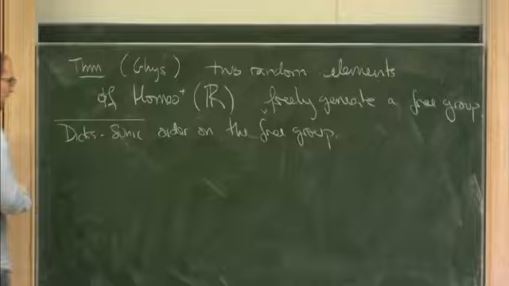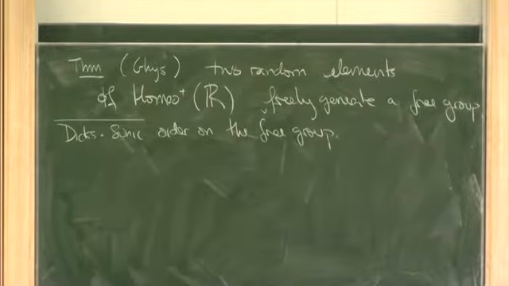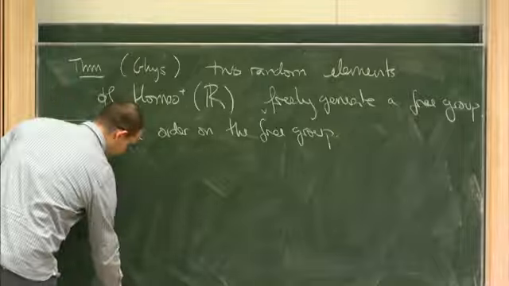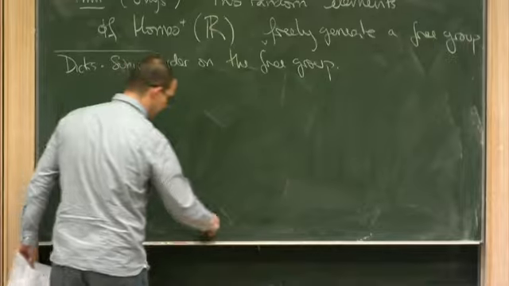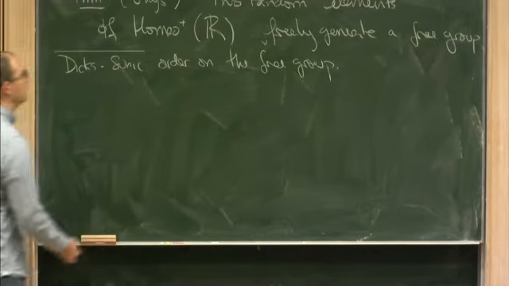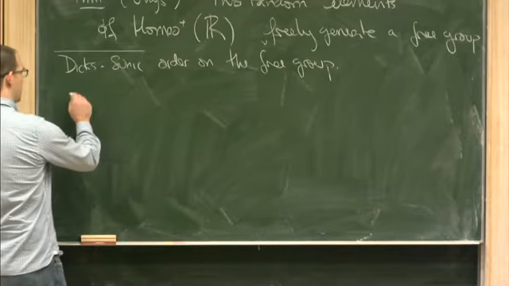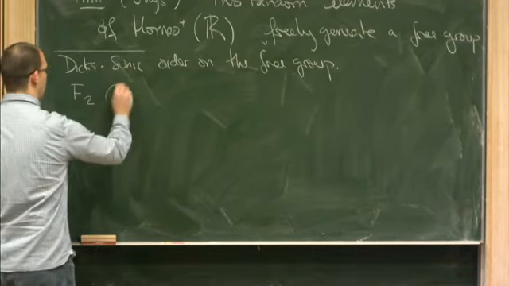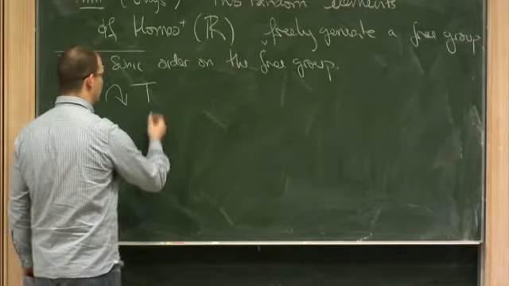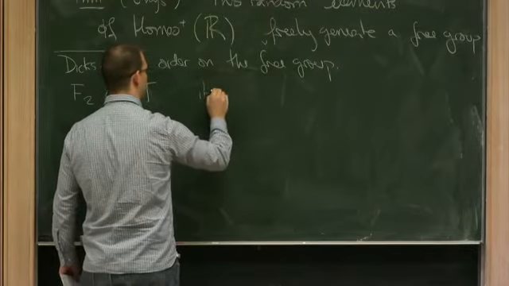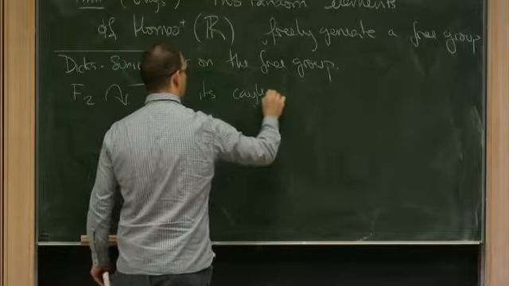And later he teamed with Dicks, and I think they give a really nice explanation of why the free group is orderable, and it uses geometry, it uses the negative curvature of the free group. So let F2 act on a tree, or its Cayley graph.